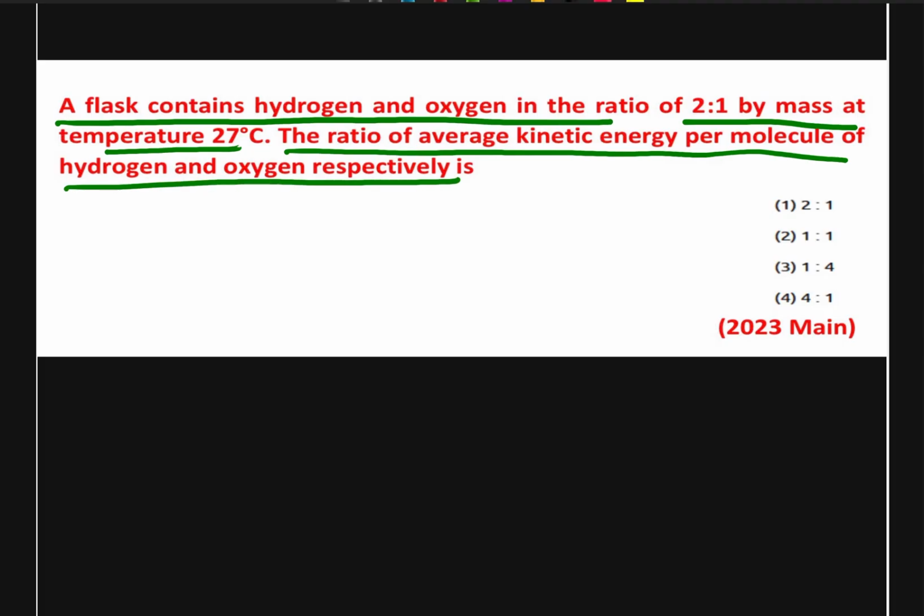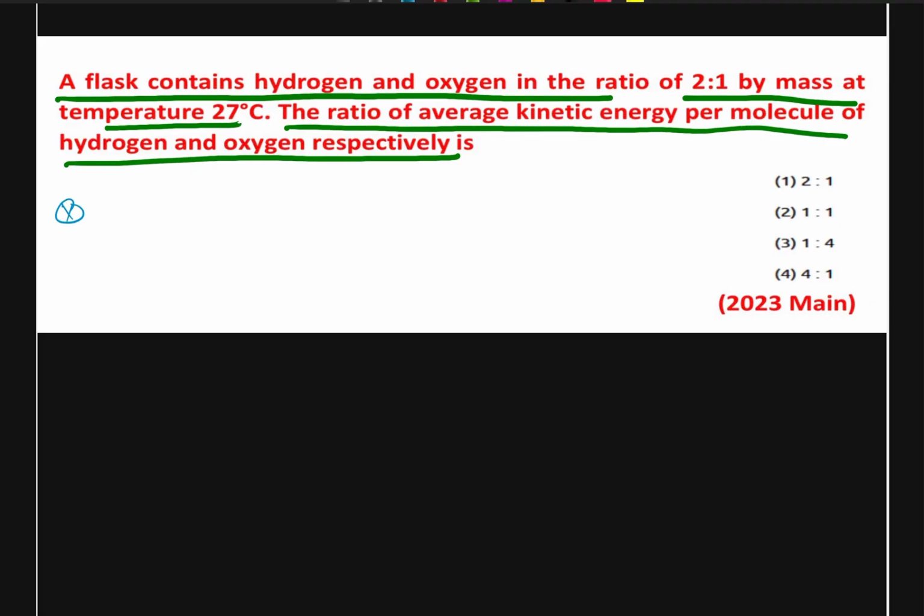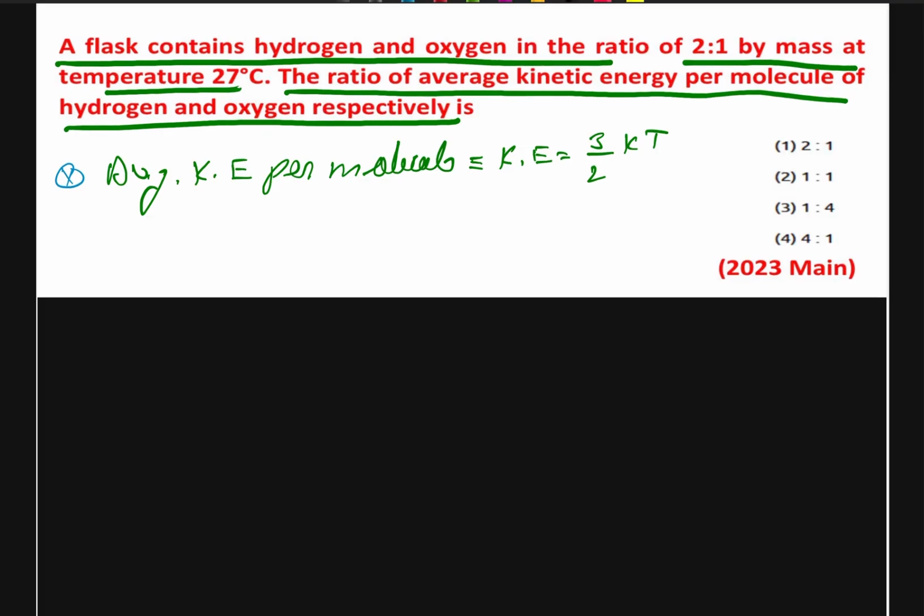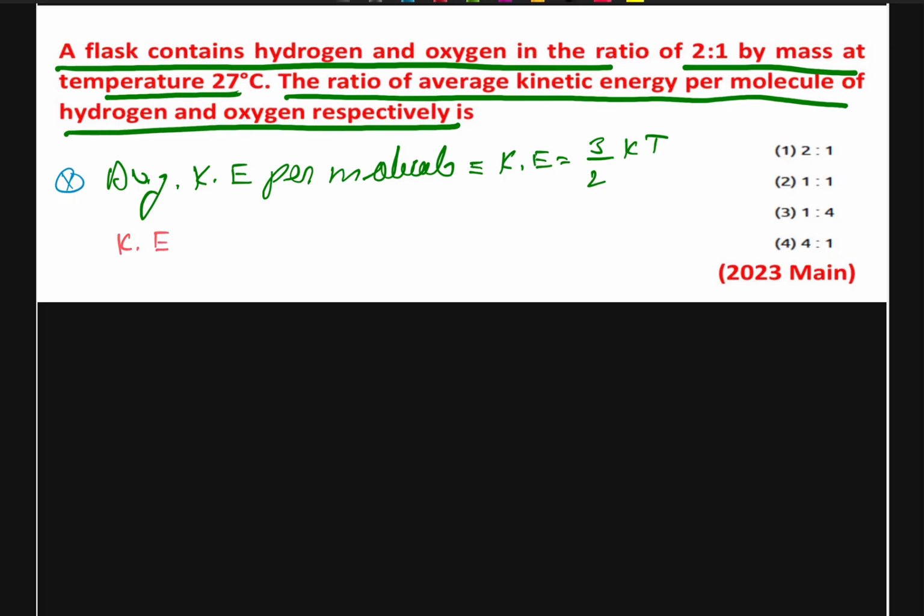So once again, we know that our average kinetic energy per molecule, that is KE, is equal to 3/2 kT, and so we can write the average kinetic energy for hydrogen and the average kinetic energy for oxygen will be equal to 3/2 k times the temperature of hydrogen and 3/2 k times the temperature of oxygen.